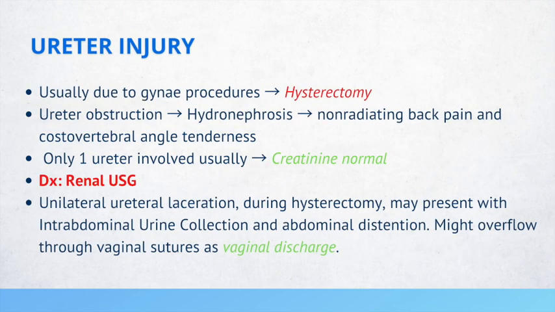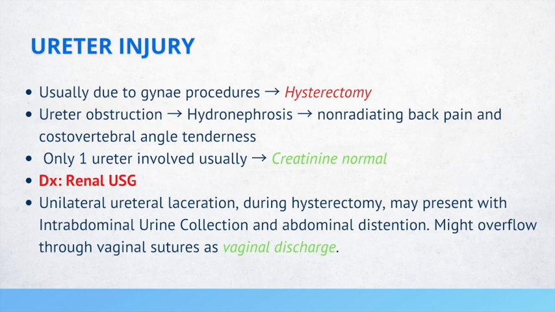Ureter injury. This is usually due to gynecological procedures such as hysterectomy, and these patients can present with ureter obstruction, hydronephrosis, and non-radiating back pain and costovertebral angle tenderness. If only one ureter is involved, the creatinine can be normal.